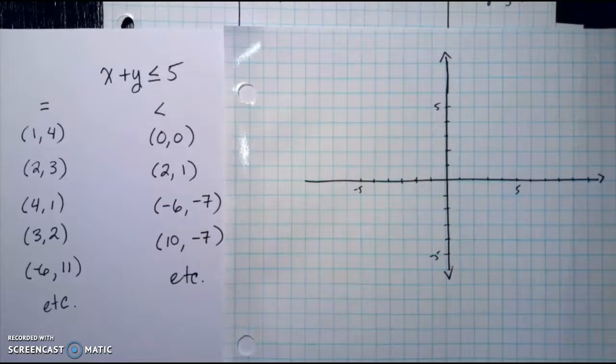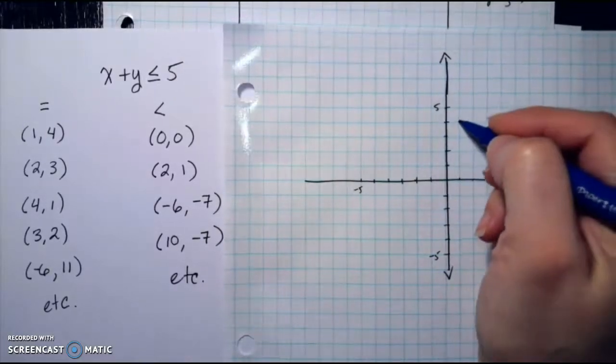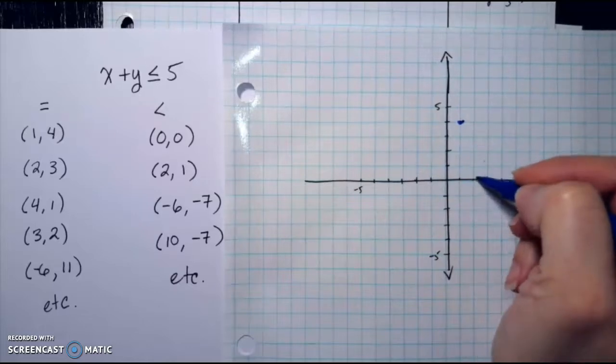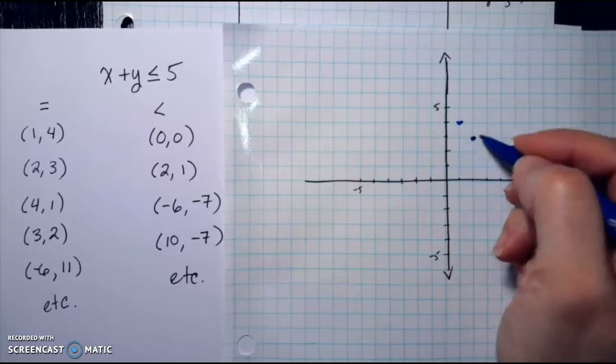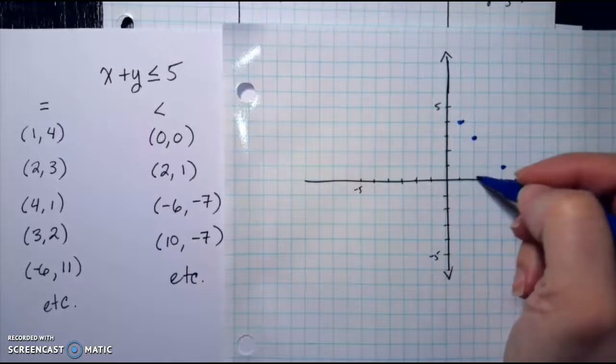All right, so I'm going to put these side by side as best I can here, and we're going to start to plot some of the ordered pairs that we have listed. I'm going to start with the ordered pairs that are equal to 5, like (1, 4). So 1 and then 4 lives here. (2, 3). (4, 1). (3, 2).